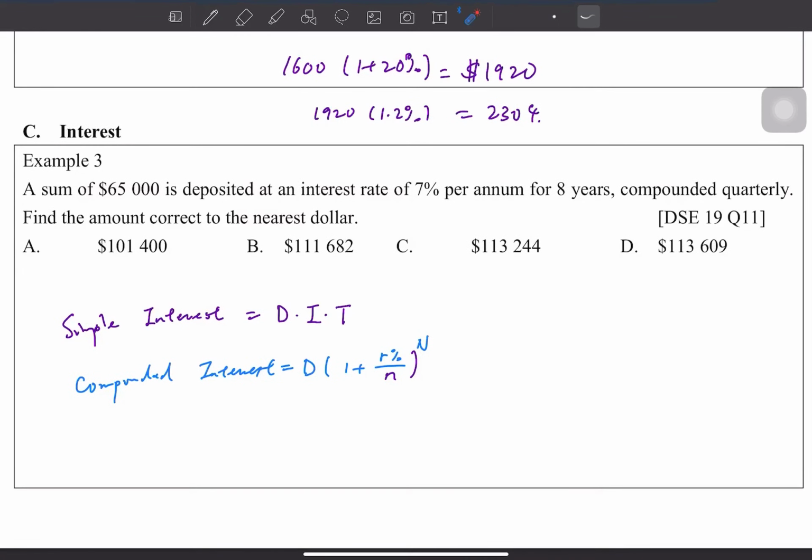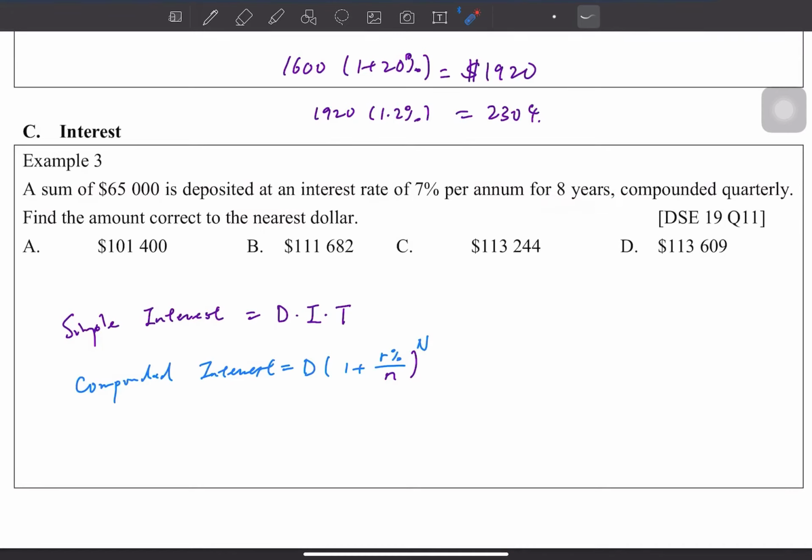So in this question, because it is compounded quarterly, that means the smaller letter n is equal to 4, 每季收一次息，所以一年收4次息, for 8 years.